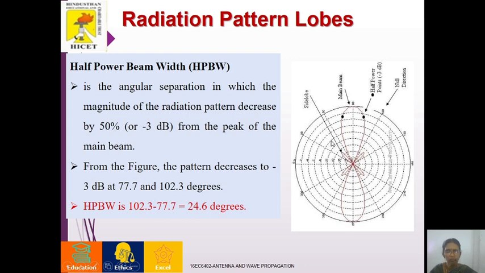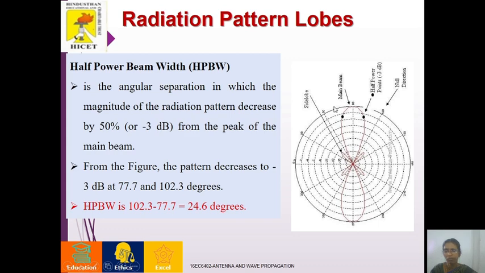Next is half power beam width. This is the angular separation in which the magnitude of the radiation pattern decreases by 50% or 3 dB from the peak of the main beam. From the figure, the pattern decreases to 3 dB at 77.7 degrees and 102.3 degrees.